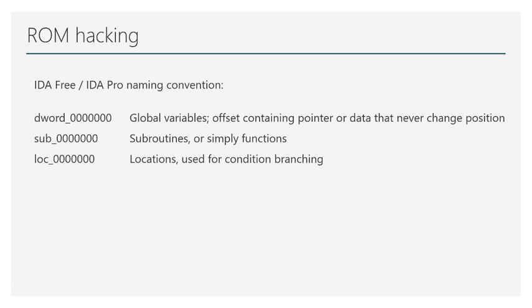So we know that every time that we start the game, that value will always be in that address. Sub is a subroutine, or simply a function, for example, sum, the function we defined before. Loc is just a location and is used for condition branching, so for example for loops, if then else, while, and things like that.